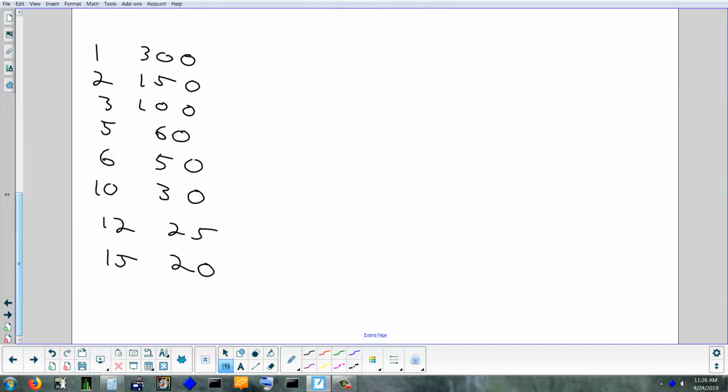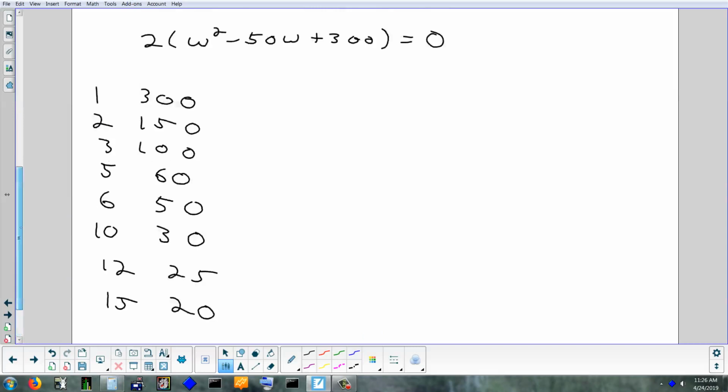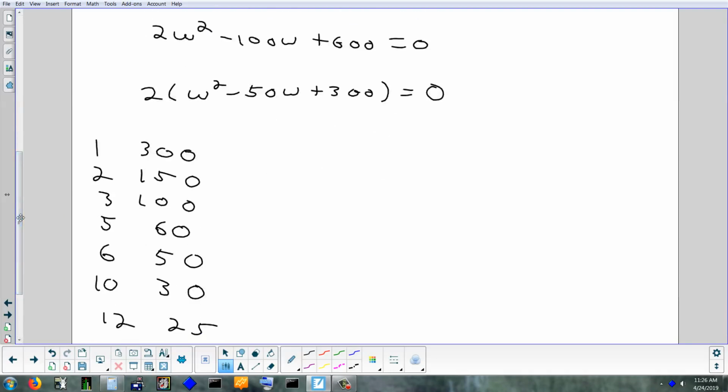Is there any combination there of numbers that add to 50? No. So we probably should have just done quadratic formula. Okay. So if I'm going to do quadratic formula, what's A going to be? Not 2. I mean, you could do it with 2, but we're doing it with smaller numbers.